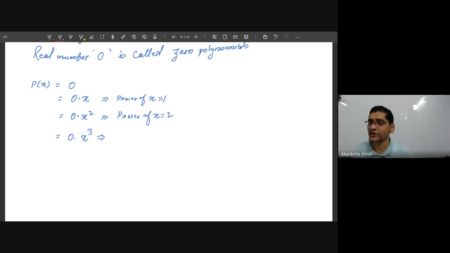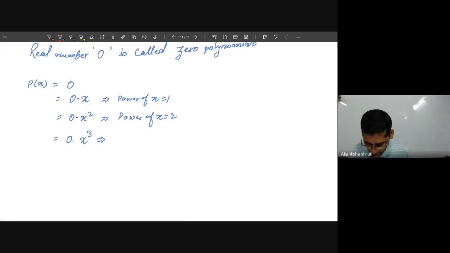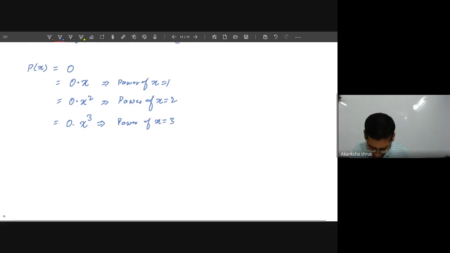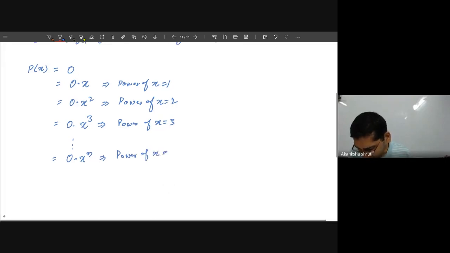So what is the best solution? The best solution is that the degree cannot be told. When the degree cannot be defined, it is called not defined. If I write 0 into x cube, the power of x is 3. In the same way I can write 0 into x to the power n, where the power of x will be n.